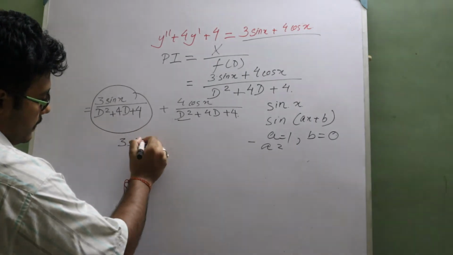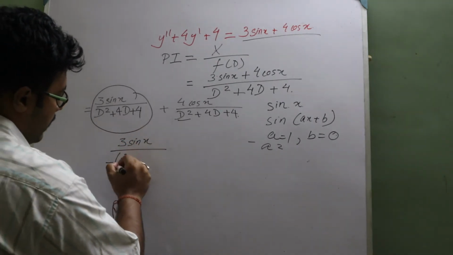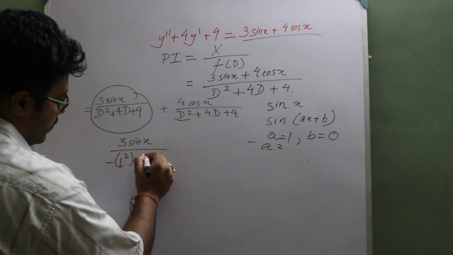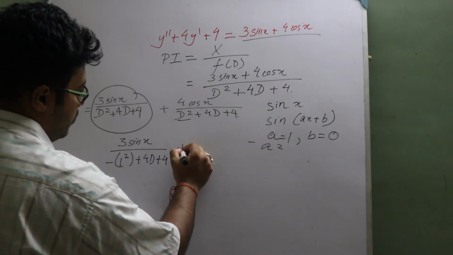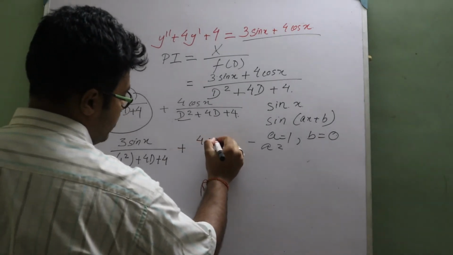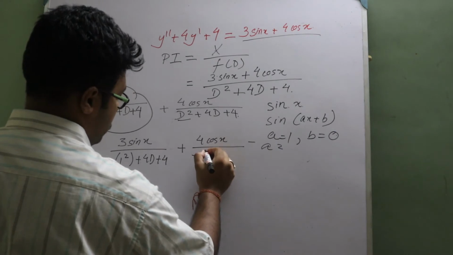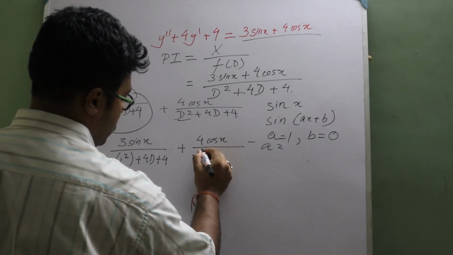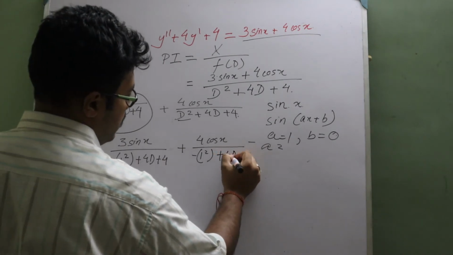3 sin x by minus 1 square plus 4D plus 4, plus 4 cos x by minus 1 plus 4D plus 4.